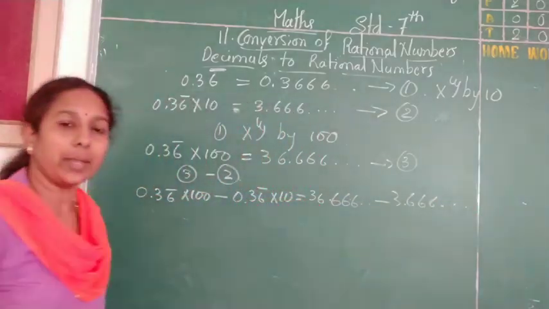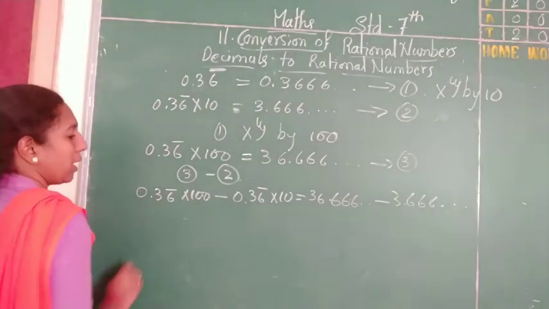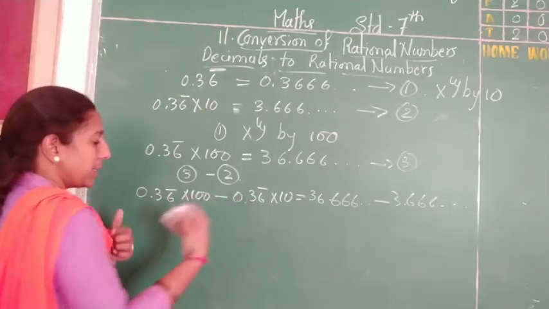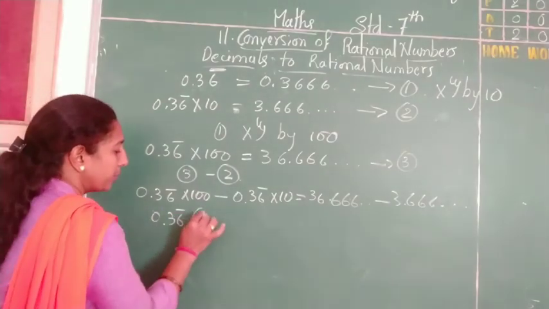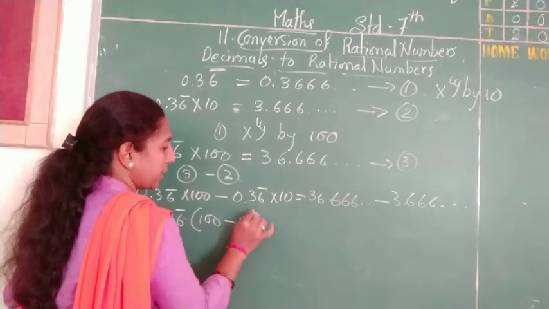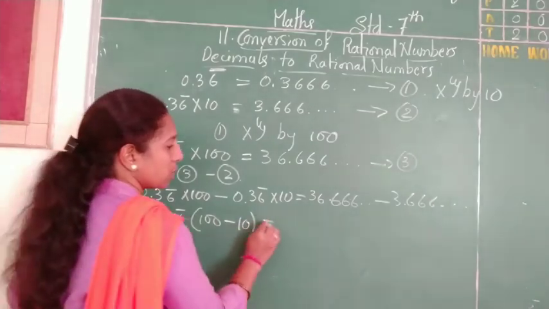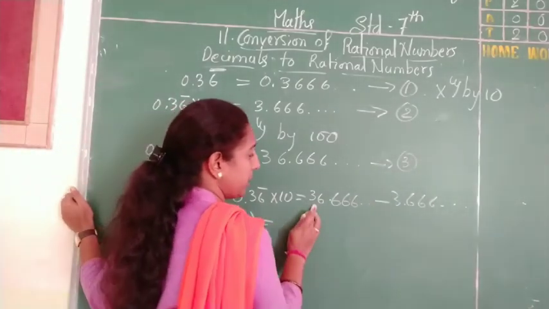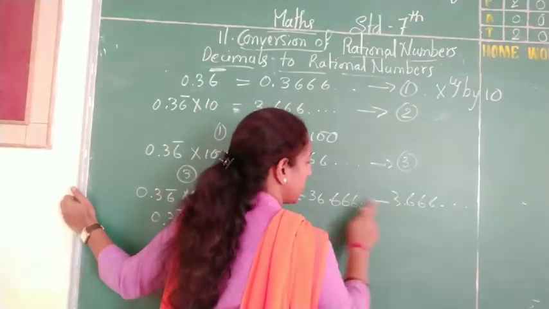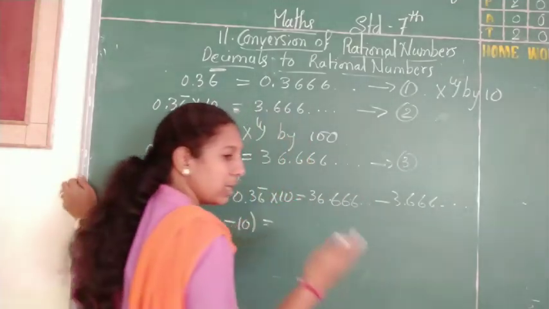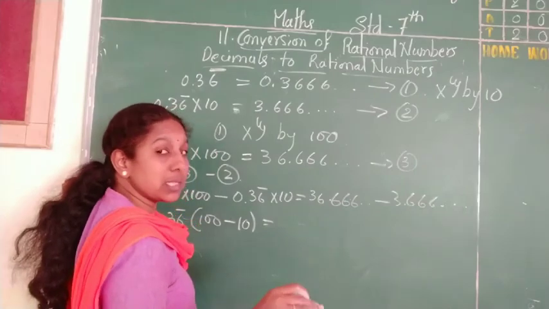Now on the left I take these two common: 0.36 bar into (100 minus 10). Here 36 is there, but here 3 is there, so 36 minus 3, because these 6s will become 0 after subtracting.